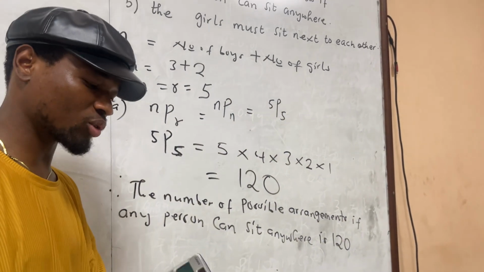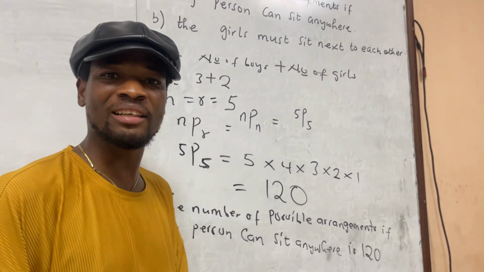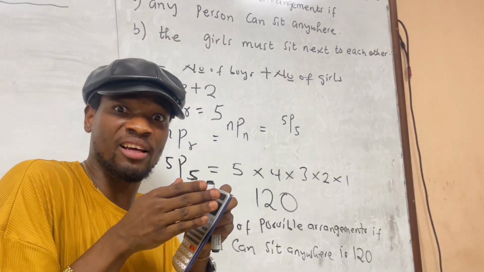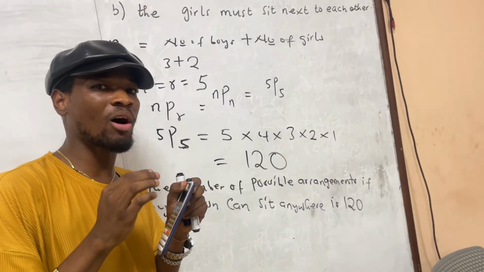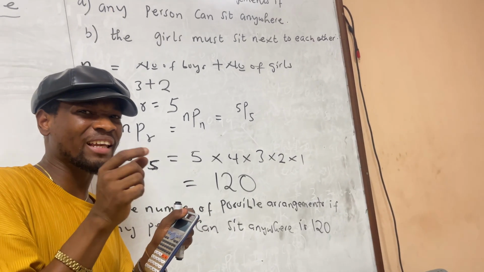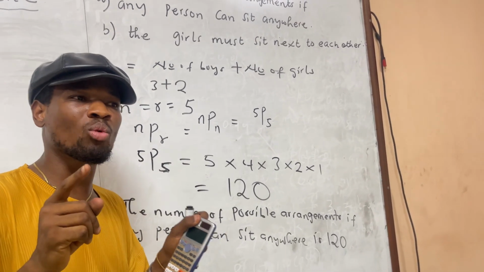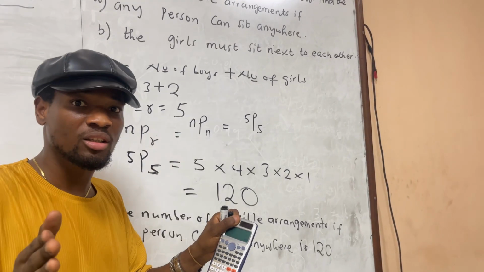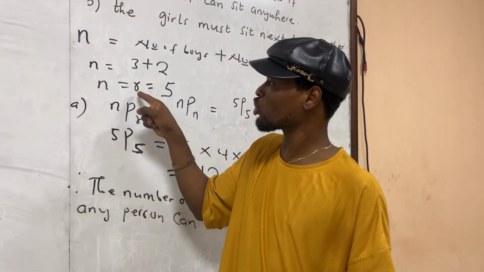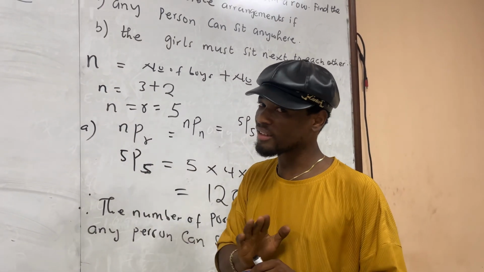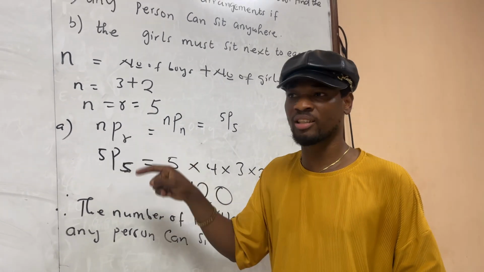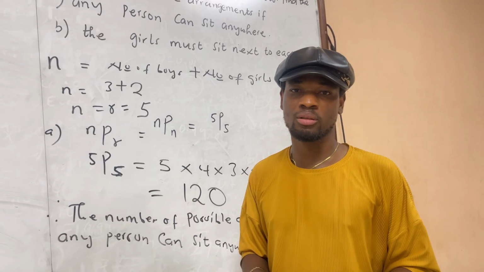Because they didn't tell us that we are isolating a certain number of boys, or treating the boys or the girls as a single unit. The question was silent on all these. So in situations like that, n should be equal to r, then use the formula n permutation r, since it is permutation without restrictions.